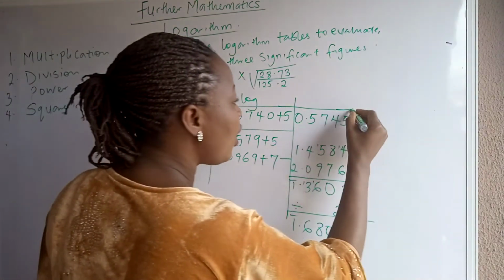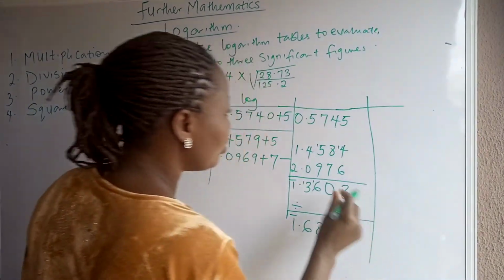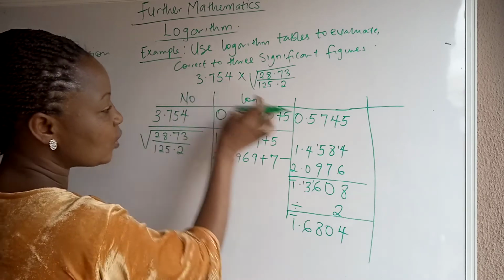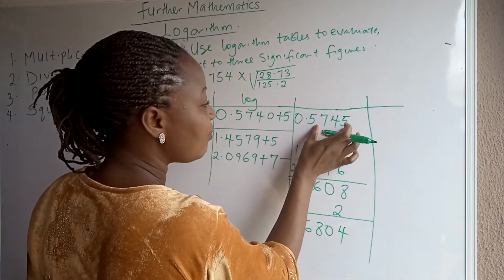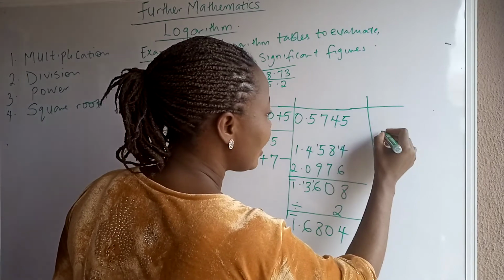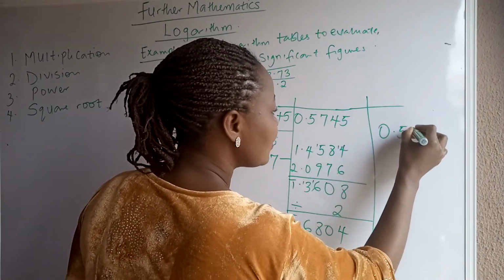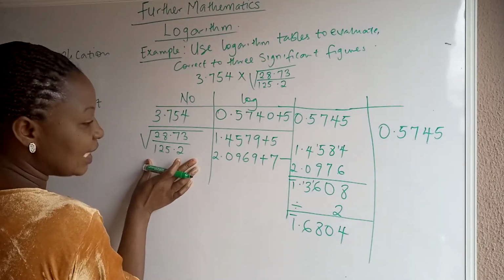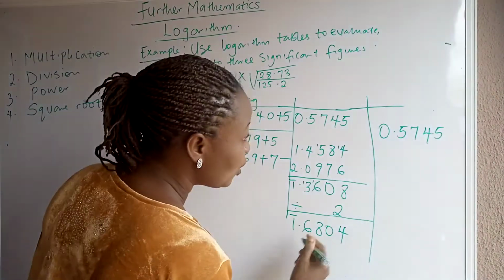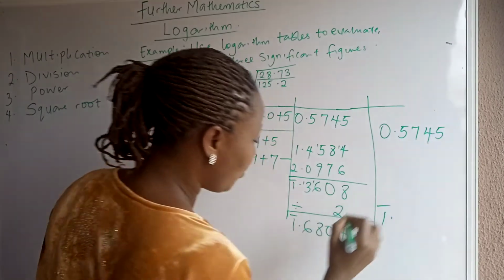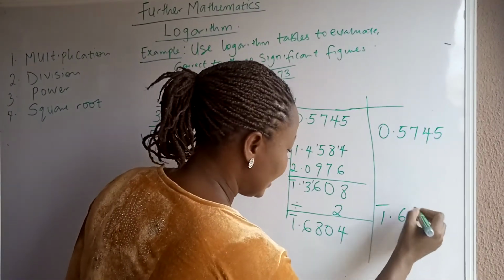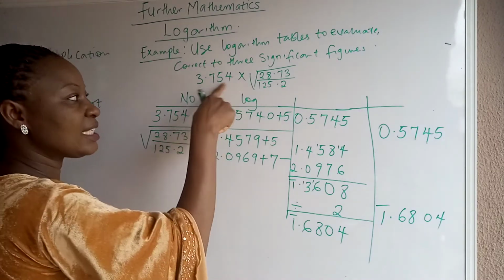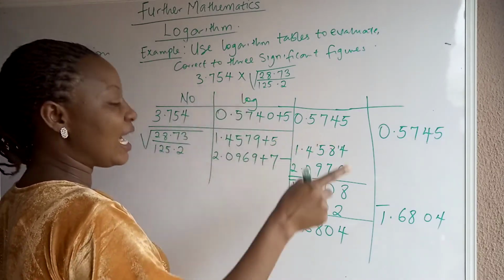Then we will now come back and pick this equation. The final answer we got on this first equation is 0.5745. We are going to rewrite it here, 0.5745. Then the final answer we got on this, we are going to fix it here, that's bar 1.6804. So since it's multiplication that is in between them, that means we are going to add the answers.